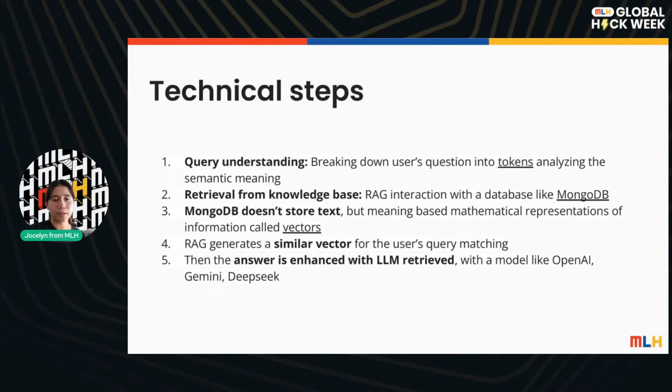Number three, MongoDB doesn't actually store the text, but meaning-based mathematical representations of information called vectors. So in MongoDB, we're not going to be storing our text. We're going to be storing these vectors. And then number four, the RAG will generate a similar vector for the user's query for matching. And finally, the answer is enhanced with an LLM, with a model like OpenAI, Gemini, or DeepSeek.